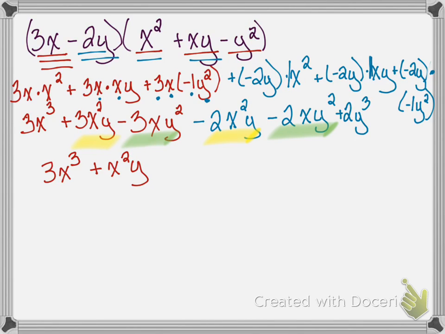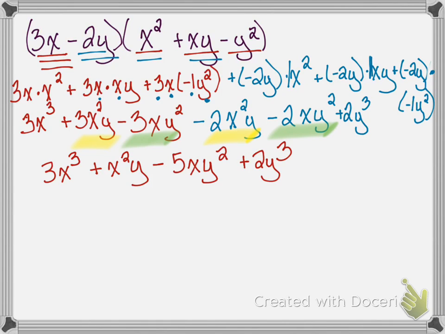What's that going to give me? Excellent. Negative 5xy squared. Okay, and then I've got my positive 2y to the third. And that is as far as we can go. We cannot combine anything else.